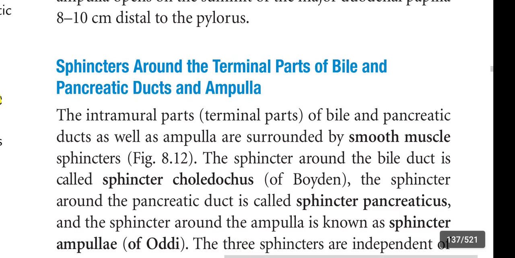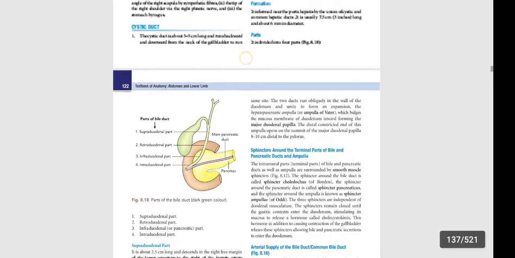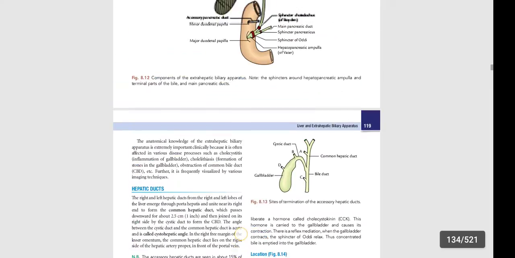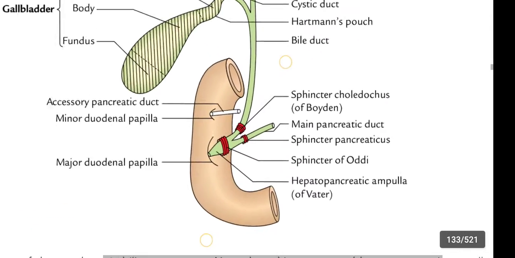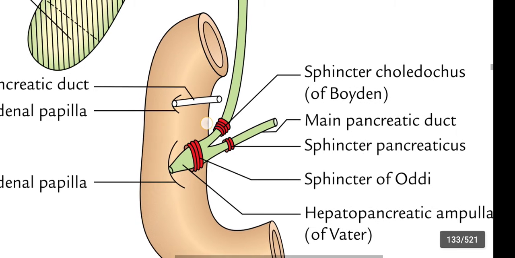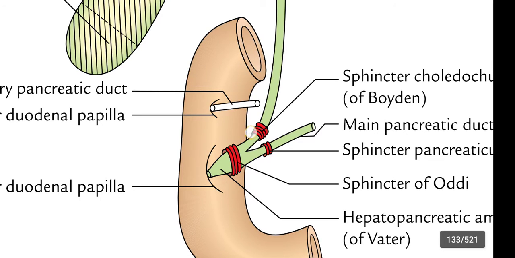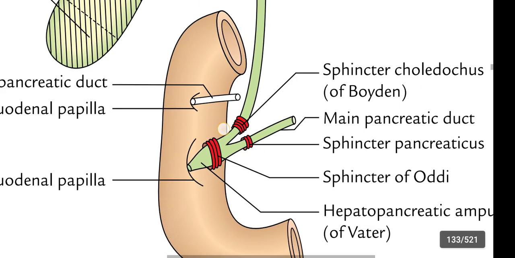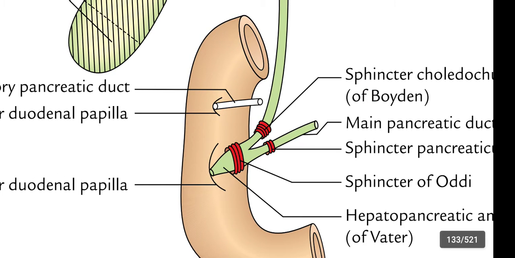I will show you the diagram, guys. This is the sphincter of the common bile duct, or bile duct. If you remember it as common bile duct, it is choledochus, and if you remember it as bile duct, it is Boyden, sphincter of Boyden.